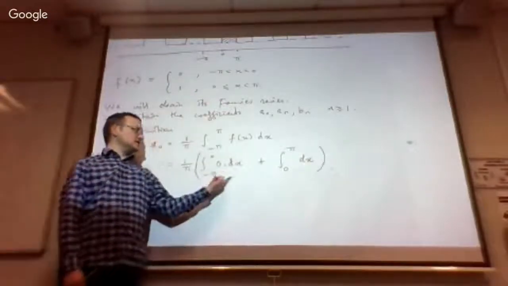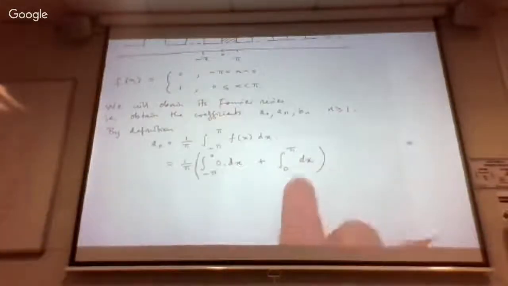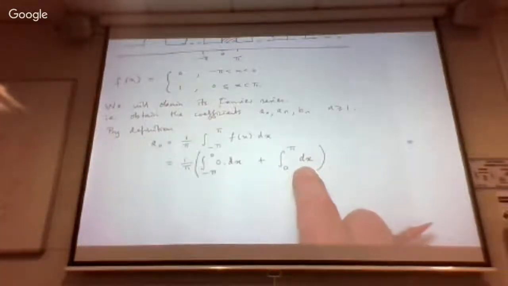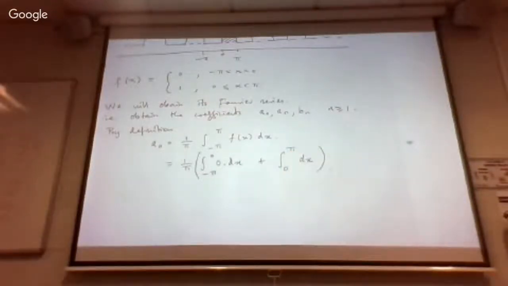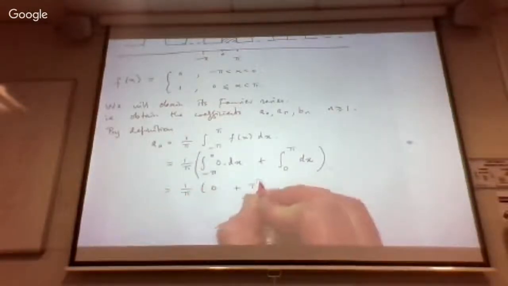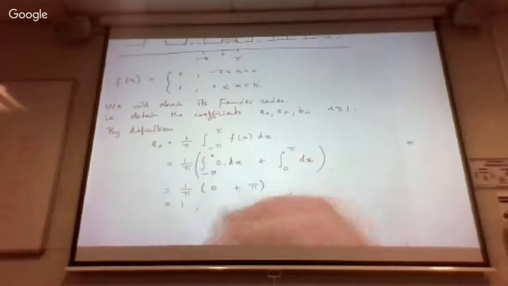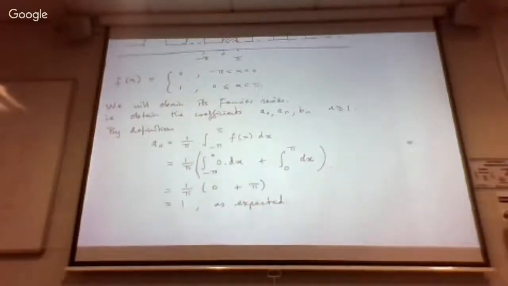So the first half of the integral is clearly 0, and the second bit of the integral is clearly pi, just integrating the constant 1 between 0 and pi. So it's 1 over pi times 0 plus pi. Overall a0 comes out equal to 1, but this a0 is halved when it feeds in as the constant term in the Fourier series.